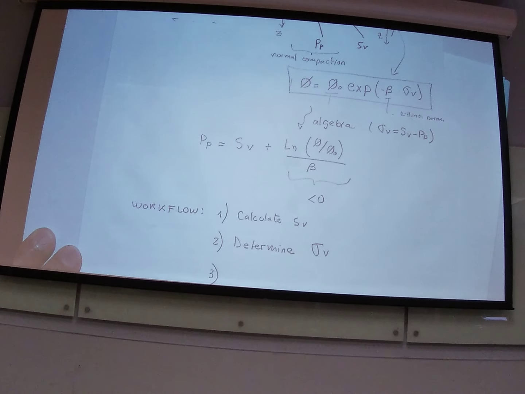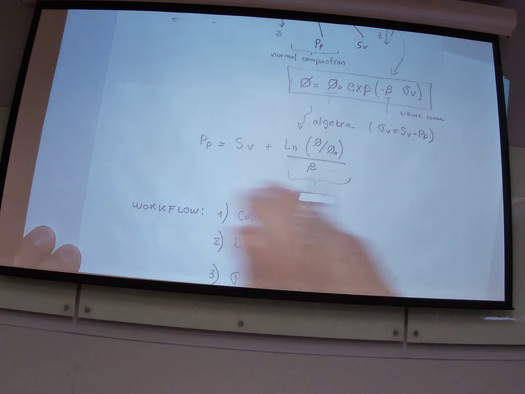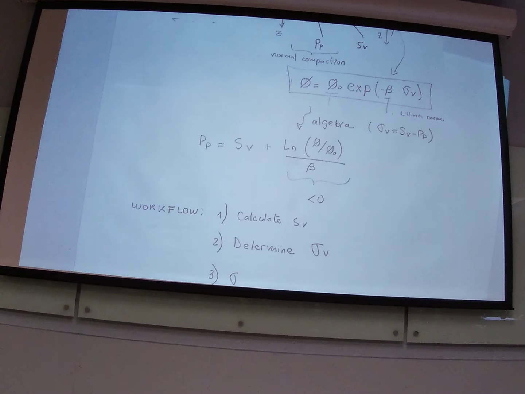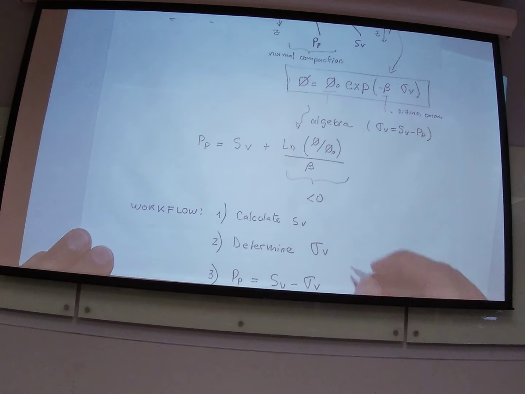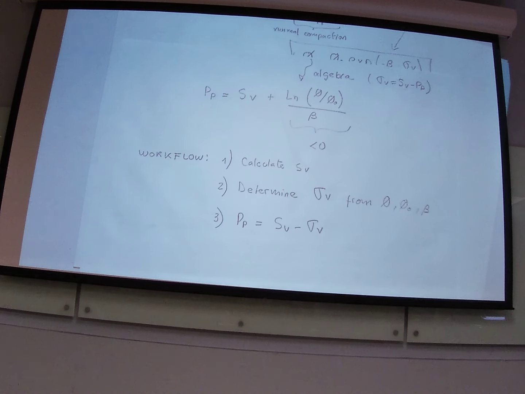Number three, since I've already got that over there, pore pressure is just going to be SV minus sigma V. And this is going to determine sigma V from porosity and the laboratory values.